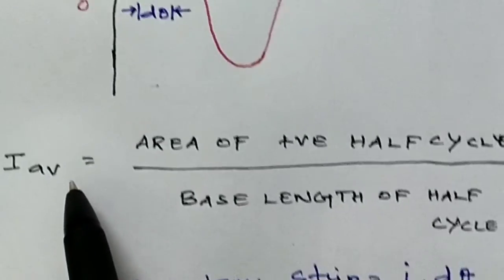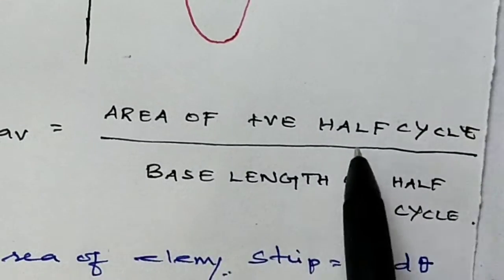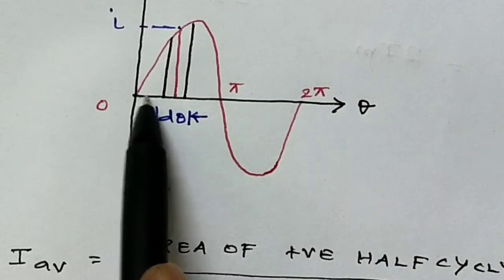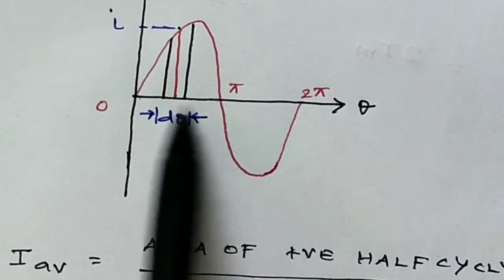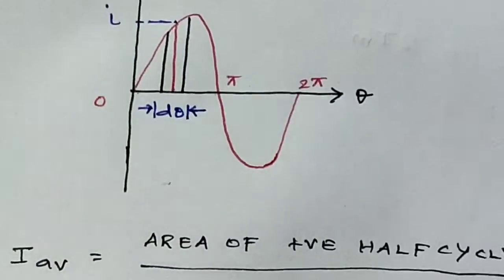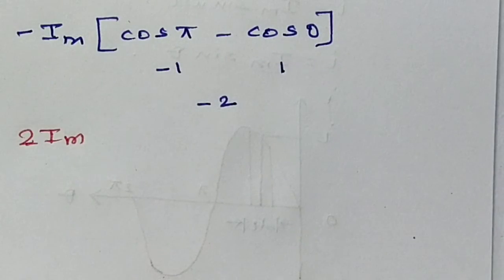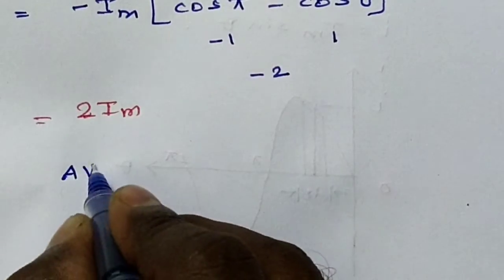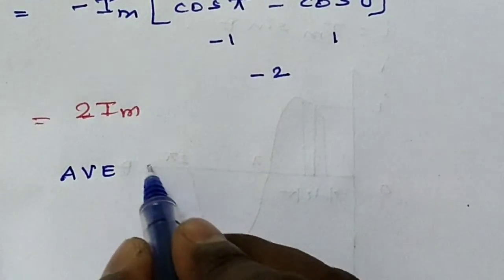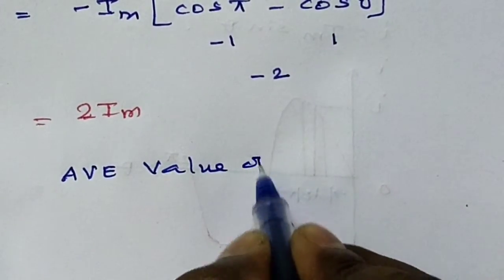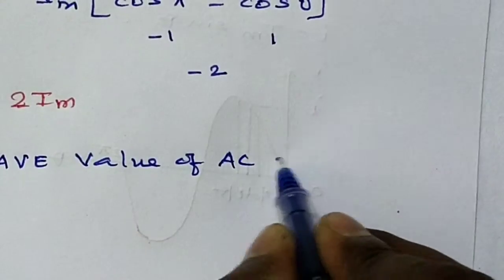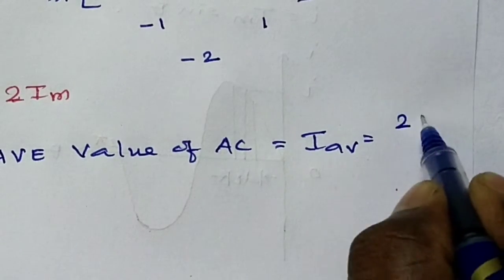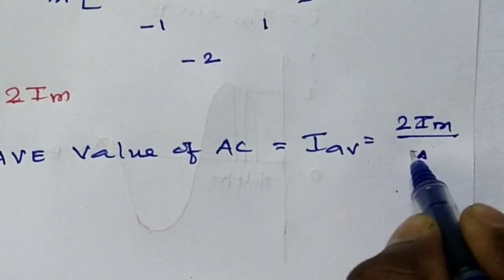Now for the I average value, we need the area of the positive half cycle divided by the base length of the half cycle. The base length of the half cycle is 0 to pi, that is pi. So the average value of the AC is IAV equal to 2Im divided by pi.